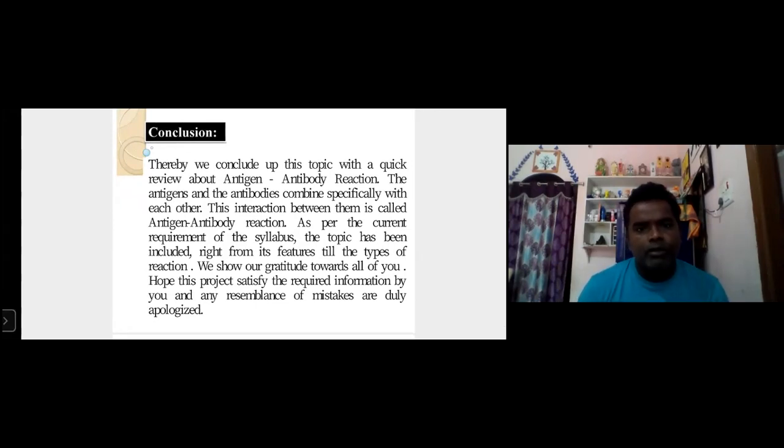As per the current requirement of the syllabus, the topic has been covered right from the basics till the types of reactions.